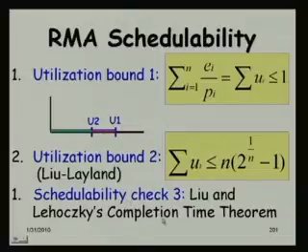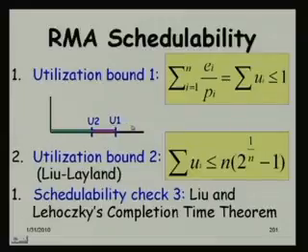This theorem is very simple actually. Unlike the Liu and Leland, which we said has a very complex proof, here it is straightforward. As long as it is less than U2, the Liu-Leland criterion, we can without hesitation say that it will be schedulable.